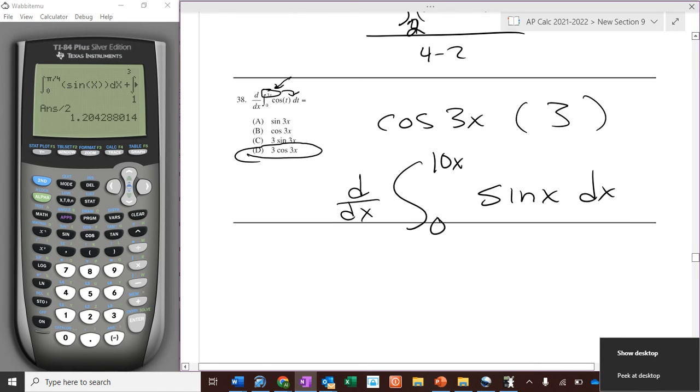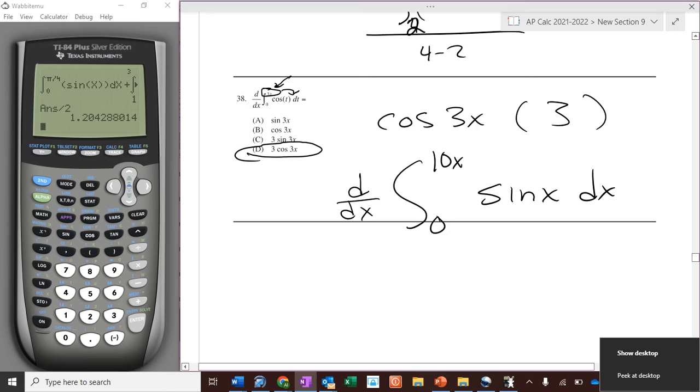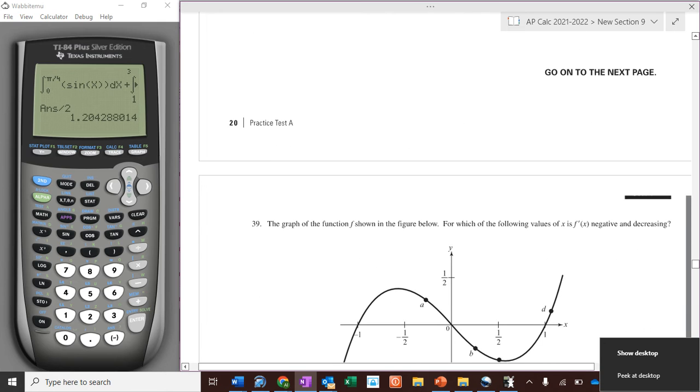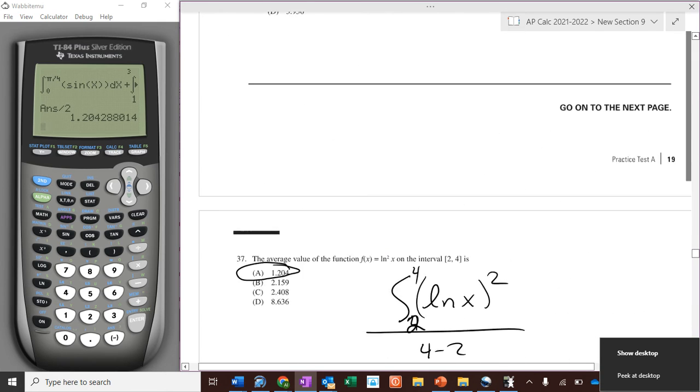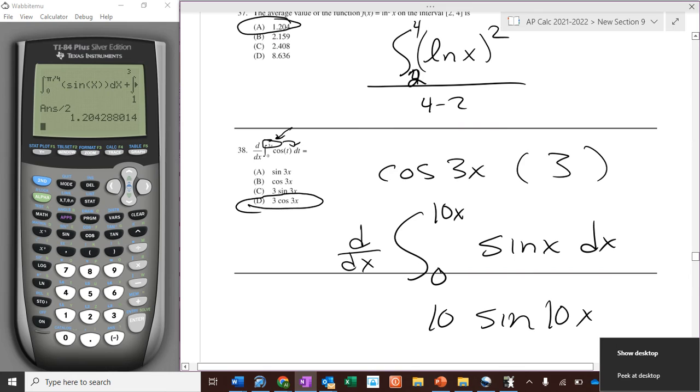So Trey, what would this answer be? 10 sine of 10x. 10 sine of 10x. Oh yeah, I see how you got it. Wouldn't it be top instead of x? Because you're taking the derivative of the integral.